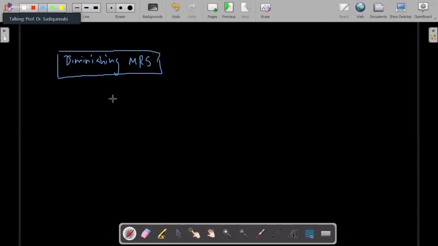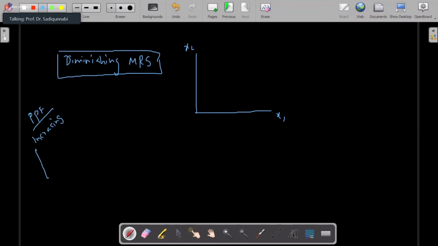Now, when it is diminishing marginal rate of substitution, if we try to make the graph for that, what will the graph look like? If X2 is here and X1 here, what could be the shape of the curve? Remember, in the first class we talked about PPF. And in PPF, the rate was increasing, not diminishing.